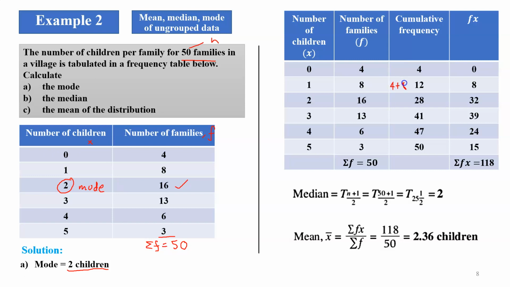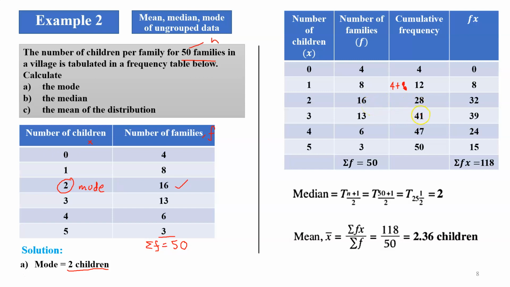And then how do I obtain the next one? This one is 8, okay? How do I obtain 28? Sorry, it is 12 plus 16.